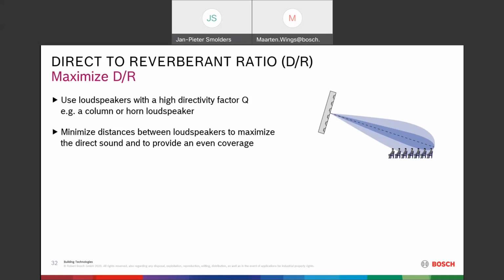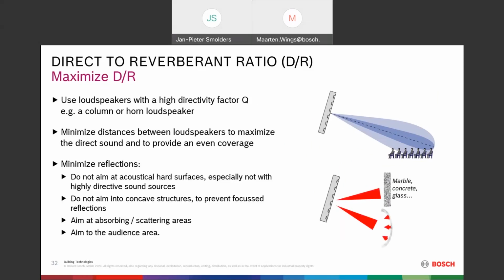In that way, you can optimize the direct sound and provide the sound only to the place where it's needed. So that's one thing you can do with loudspeakers: avoid reflections, and don't aim at the walls or ceilings or hard construction materials like marble or glass.